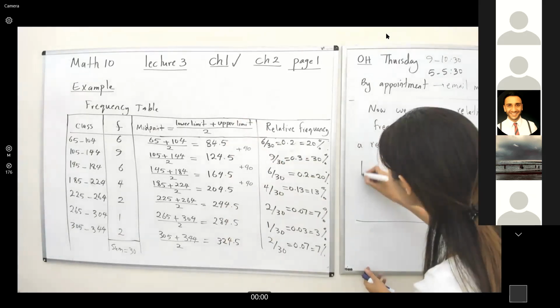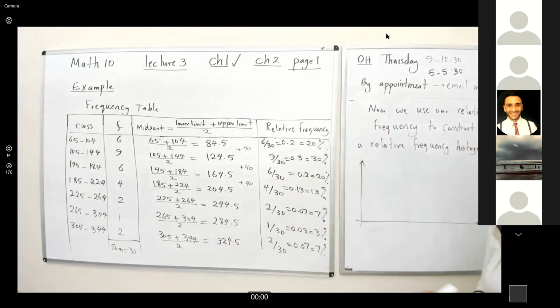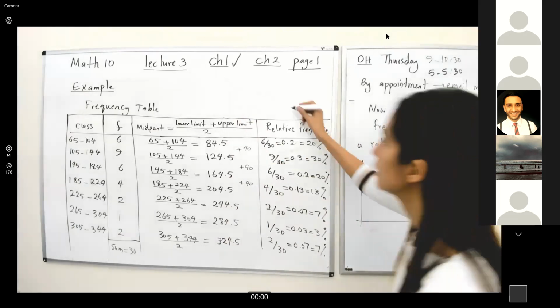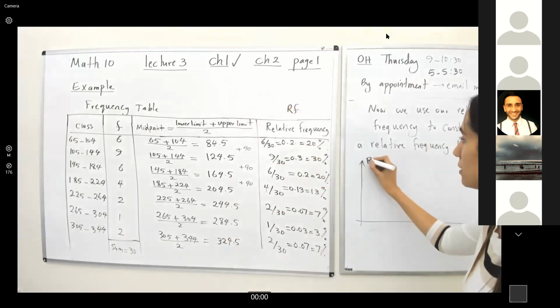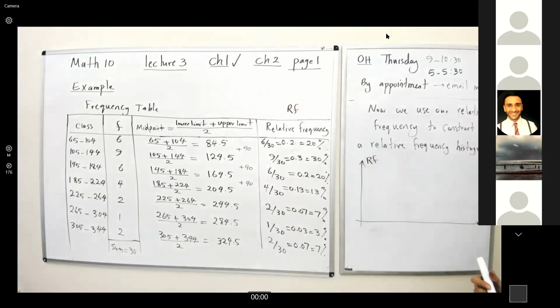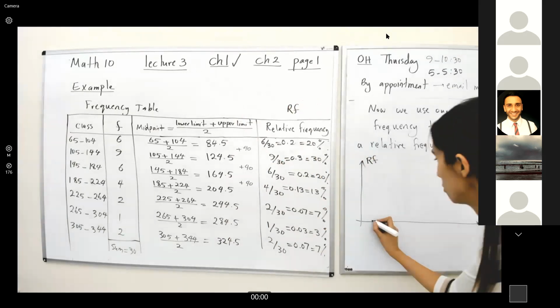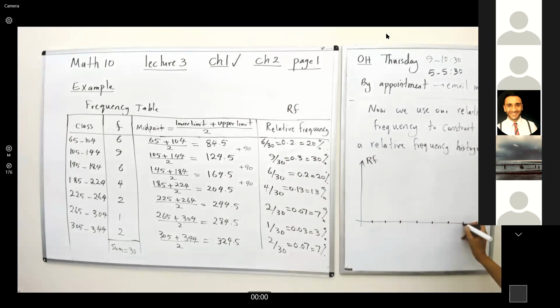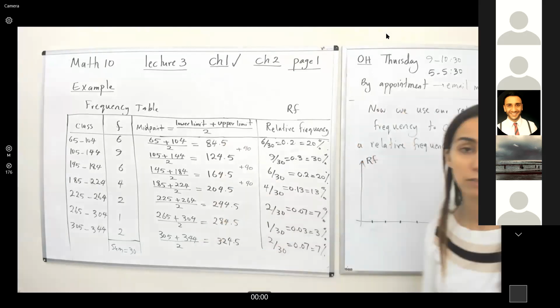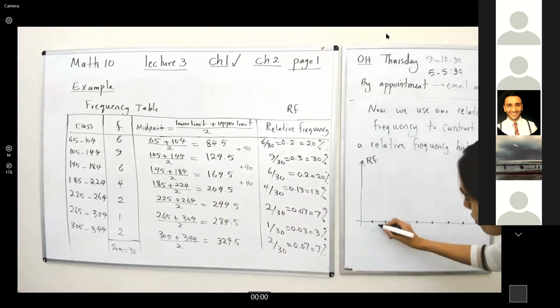On the vertical axis, however, you're going to use relative frequency. You can denote it by RF, relative frequency. Okay, so my first class, my second class, third, fourth, fifth, sixth, and seventh. Again, as I told you, I'm going to use midpoints as representatives, so why not? So the first class midpoint is 84.5.